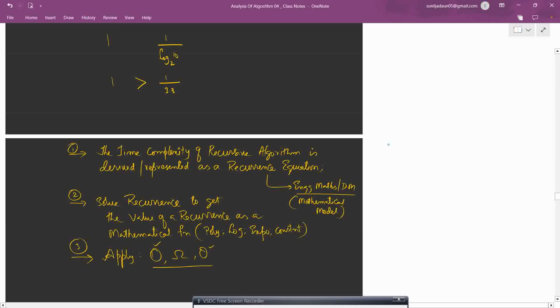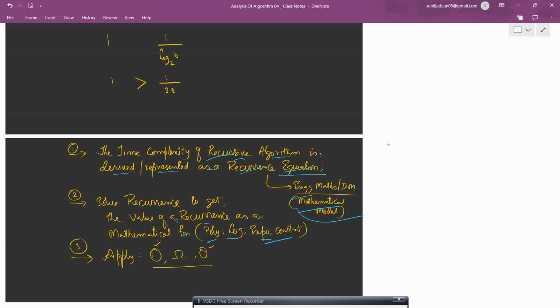The time complexity of a recursive algorithm is derived and represented as a recursive equation. If the algorithm is recursive, then the time complexity of that algorithm is also represented as a recursive equation. It is a mathematical model, and we solve the recurrence to get its value as a mathematical function like polynomial, log, exponential, or constant.